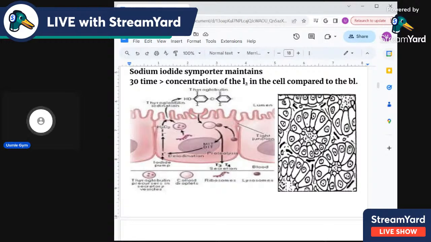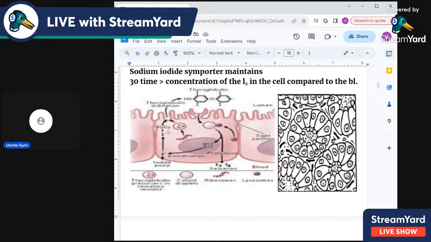In the lumen, it attaches to the thyroglobulin molecule at position 3 to form monoiodotyrosine. Then at position 5, the next iodine attaches, forming diiodotyrosine. Two diiodotyrosines unite to form T4, and one diiodotyrosine and one monoiodotyrosine unite to form triiodothyronine. So this is how it's formed.